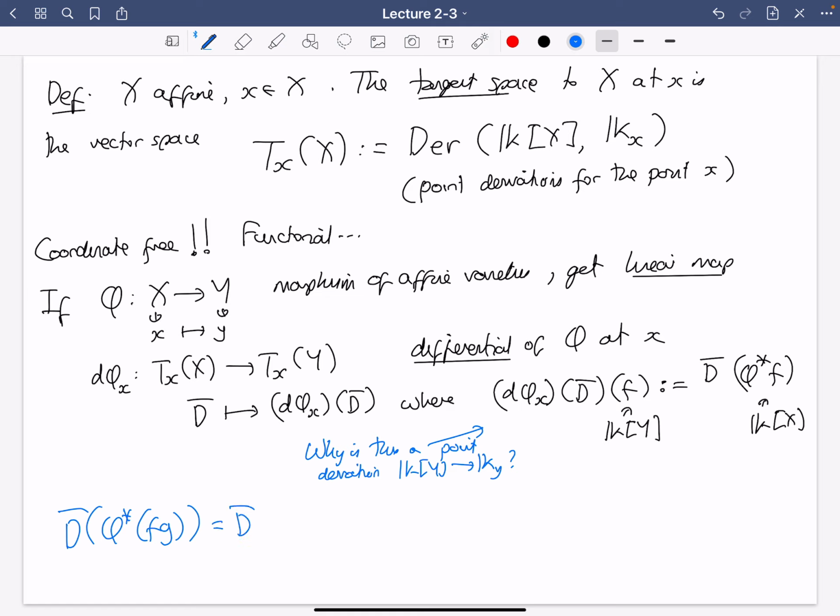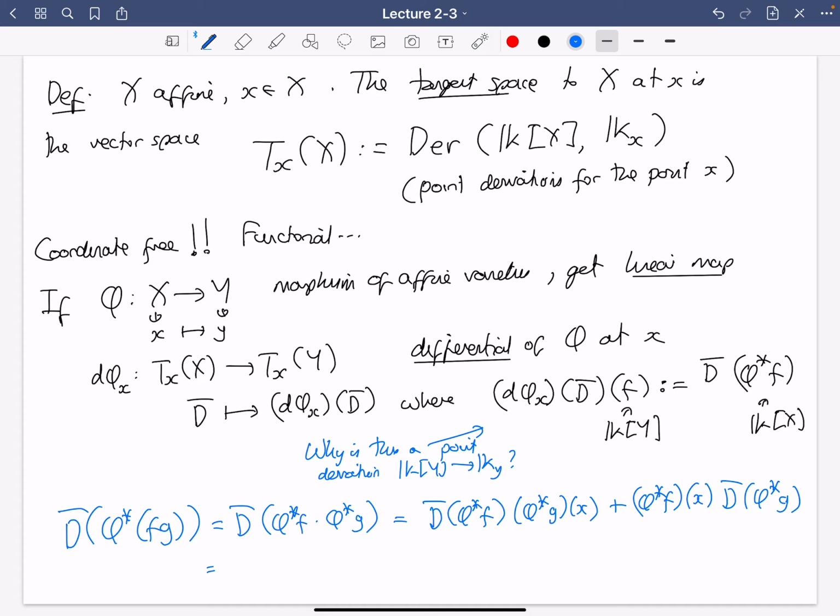But that's d bar of phi star f times phi star g, because the comorphism is an algebra homomorphism. And now I can use that d bar was a point derivation for the point x. And so I'm going to get phi star f of x times d bar phi star g.